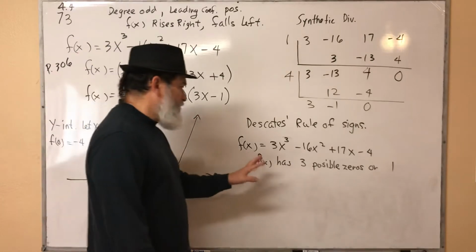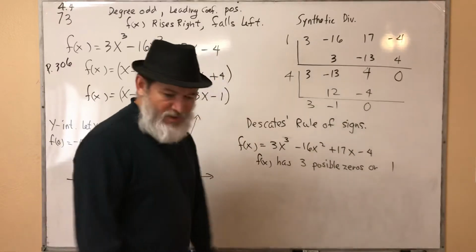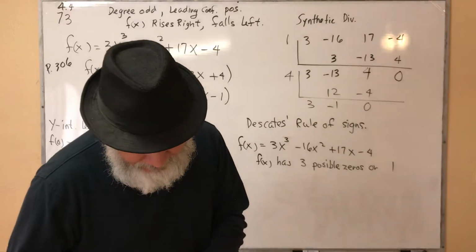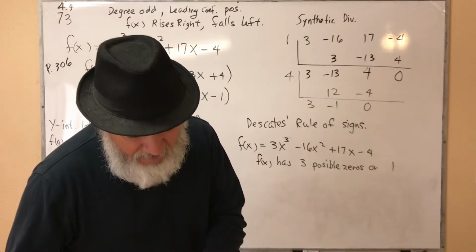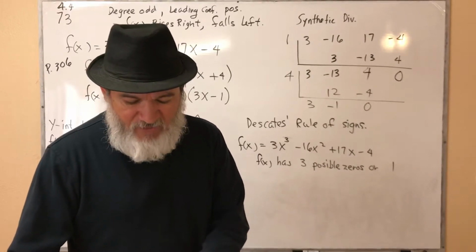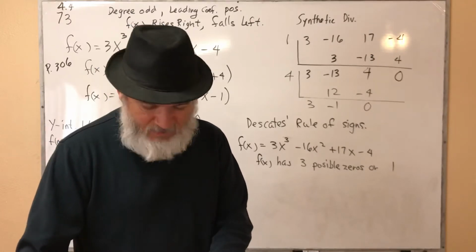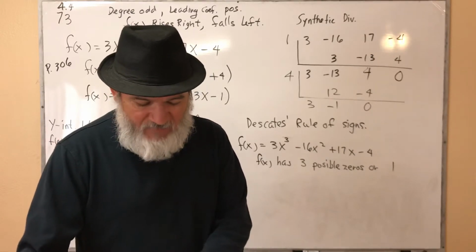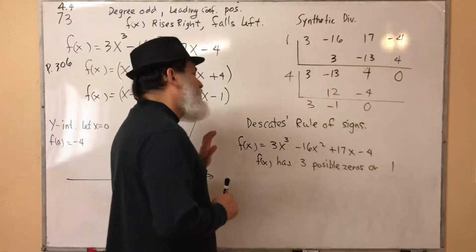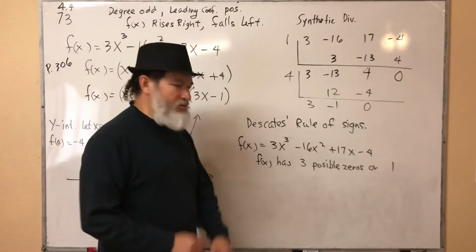I'm talking about positive zeros. This is the Cauchy rule on page 307. It says the number of positive real zeros either equals the number of variations in signs occurring in the coefficients of p of x, or less than that number of variations by a positive even integer. So these are the possible positive real zeros.